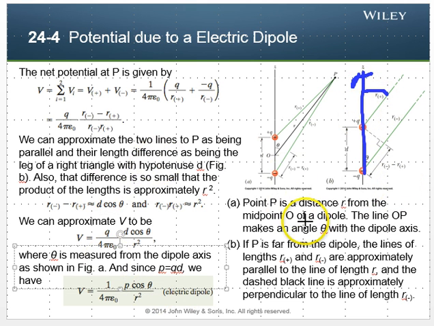And we'll deal with exactly this same thing again when we get to diffraction, where d cosine theta is approximately that difference.